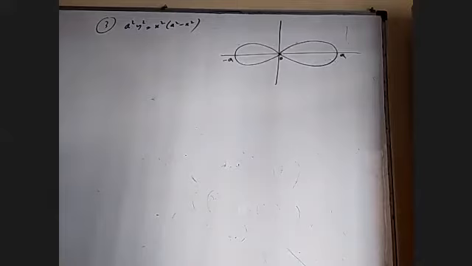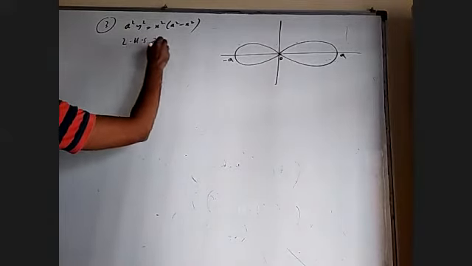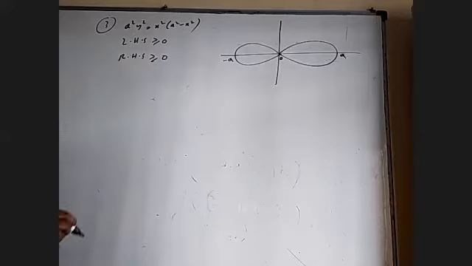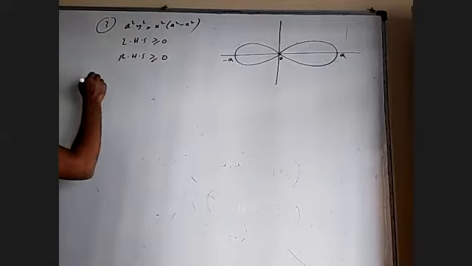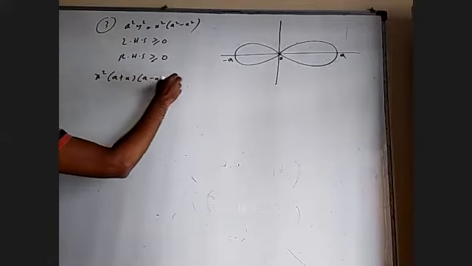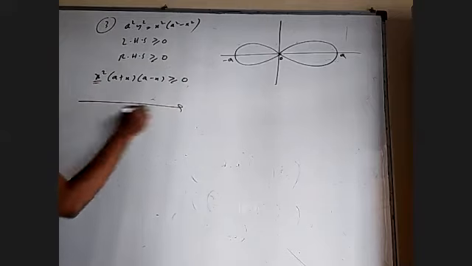Okay, so first of all, LHS is greater than or equal to 0. That means even RHS should be greater than or equal to 0. What is RHS? x square into a plus x into a minus x greater than or equal to 0. x square is always positive. Only at 0 it is 0.